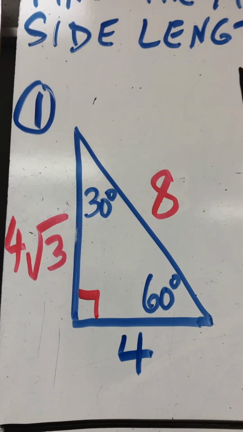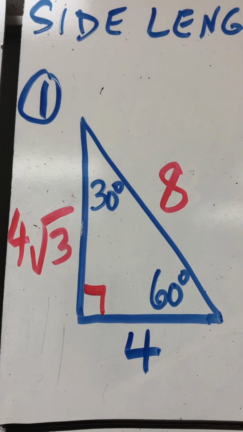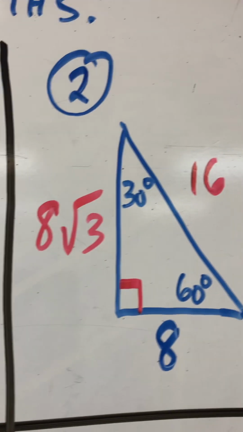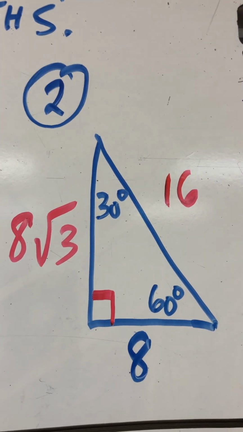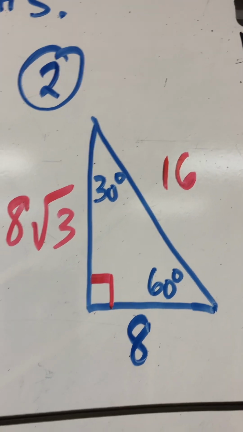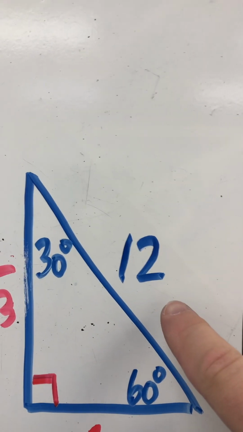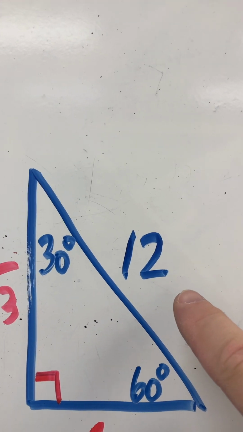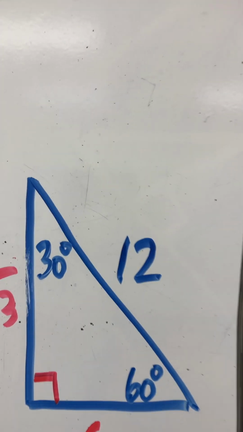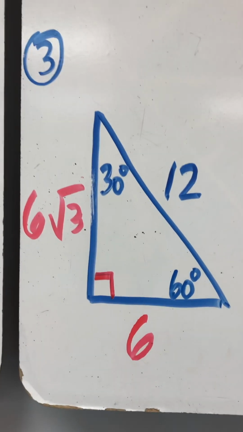If the short leg is 4, the hypotenuse is 8, the long leg is 4 square root of 3. The short leg is 8, hypotenuse is 16, long leg is 8 square root of 3. So what if the hypotenuse is 12? If the hypotenuse is 12, then to find the short leg, you take half, right? That's 6, making the long leg 6 square root of 3.